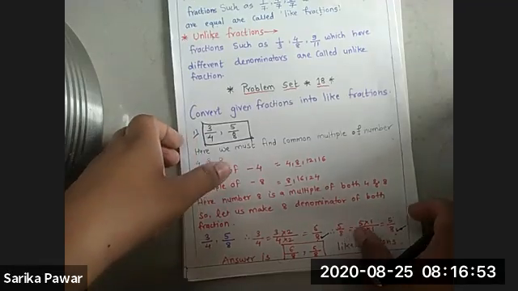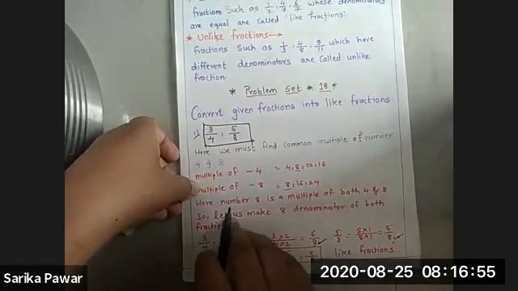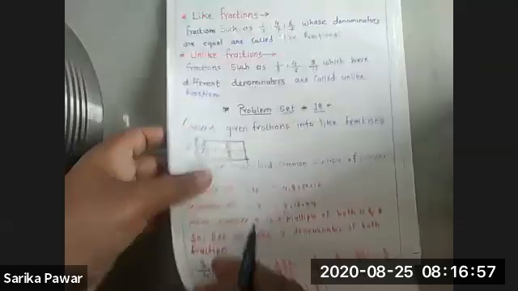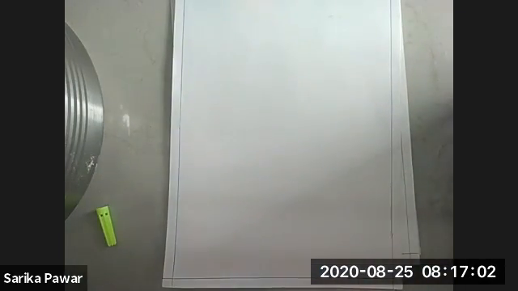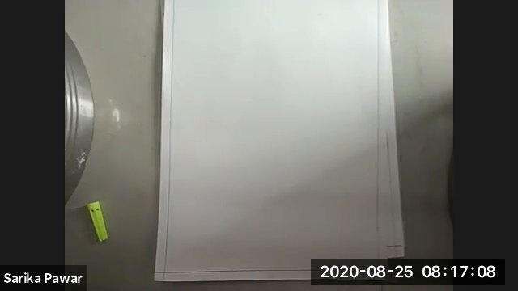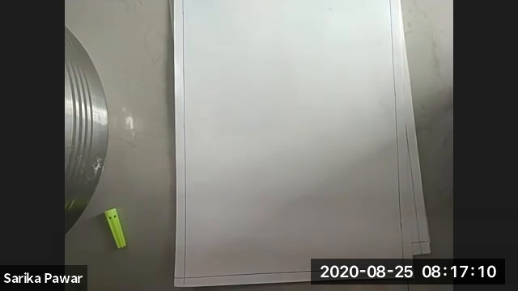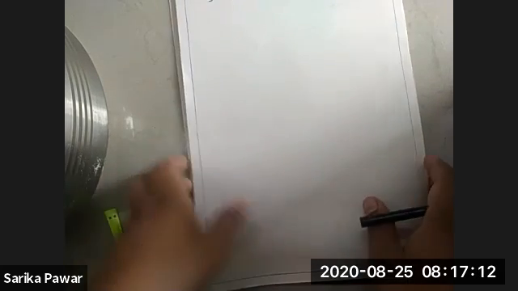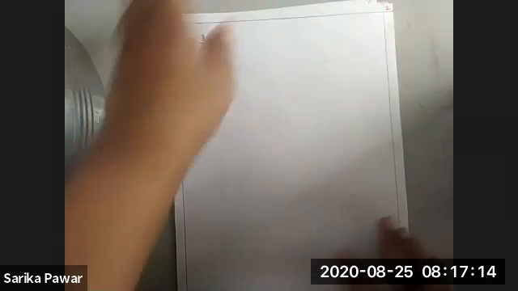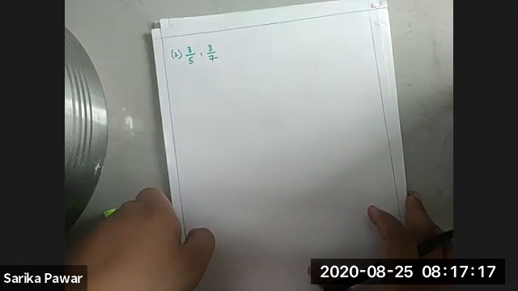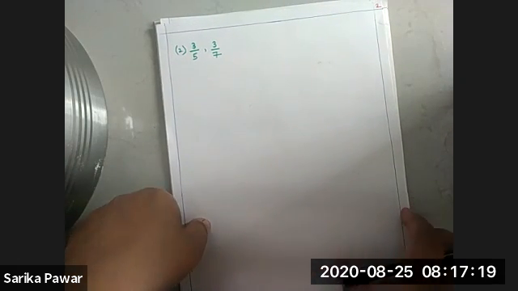Okay. So let us solve the next problem, problem number 2. See here, problem number 2 is 3 upon 5 and 3 upon 7.